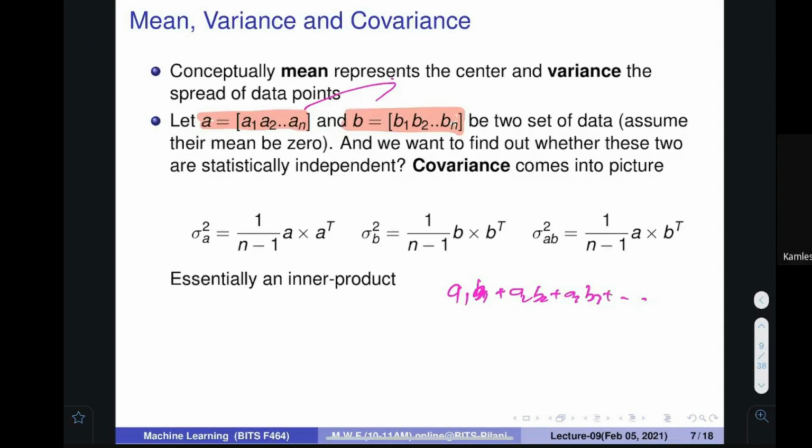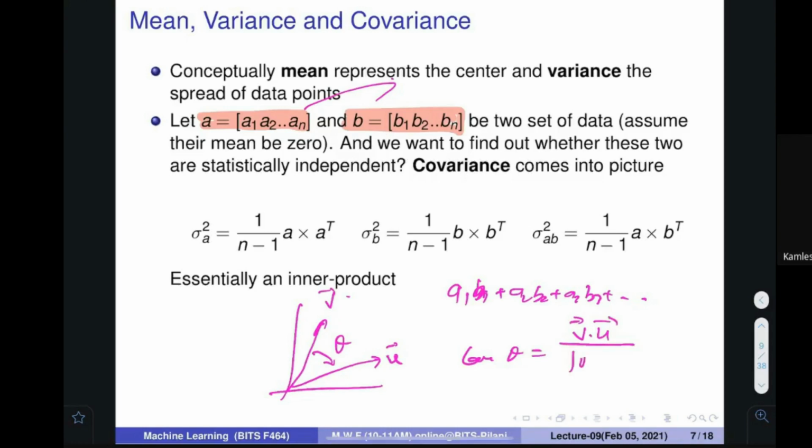What is this value? From your vector understanding, if there is a vector v and a vector u, and there is a theta between them, then cos theta is equal to v dot u divided by mod of v times mod of u. This is the equation.